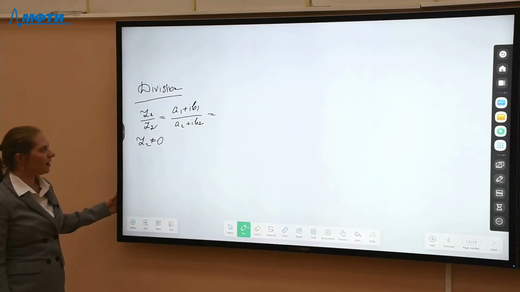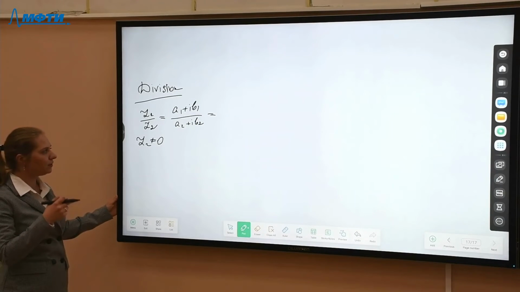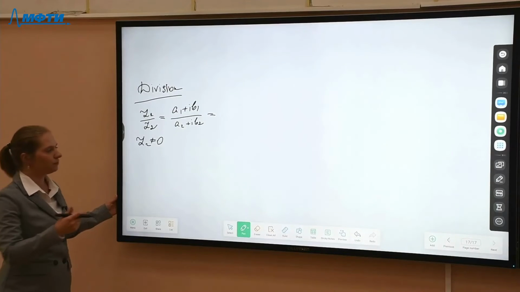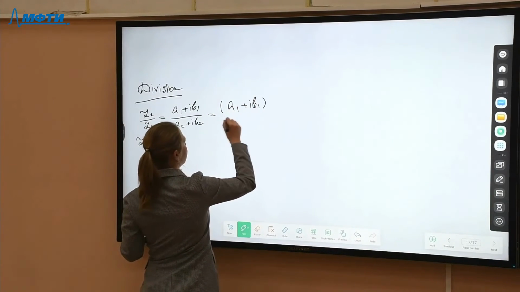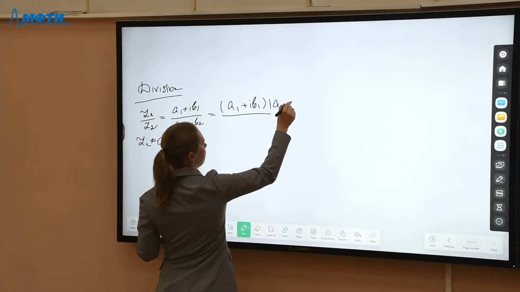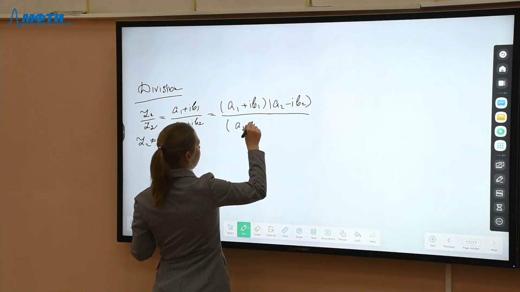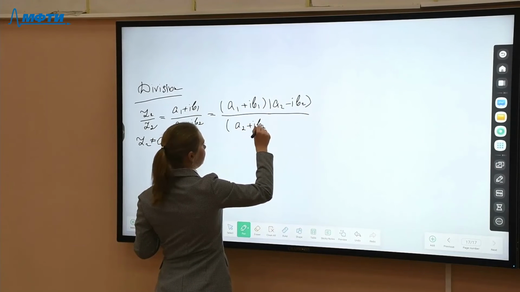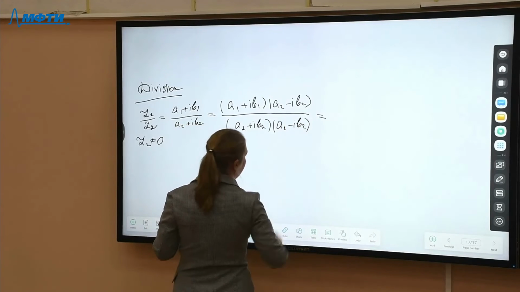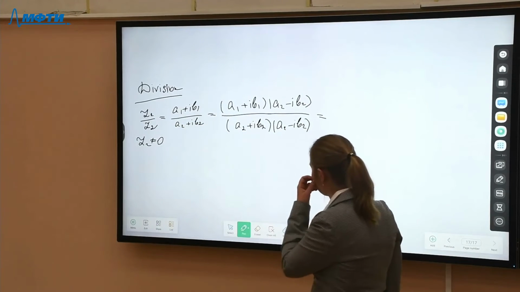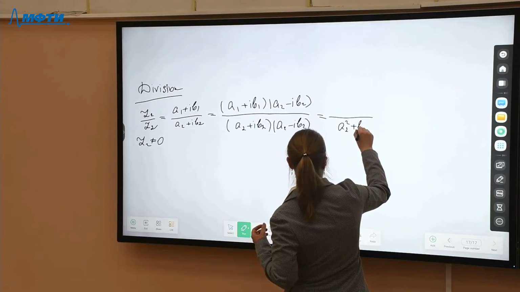Let's multiply the numerator and the denominator of this ratio by a2 minus ib2. Nothing changes, of course, but in the denominator we have the difference of two squares, and it will be a2 squared plus b2 squared.